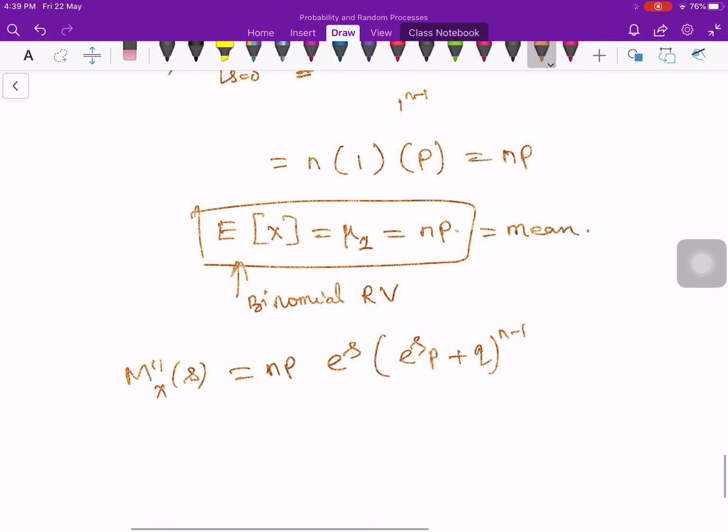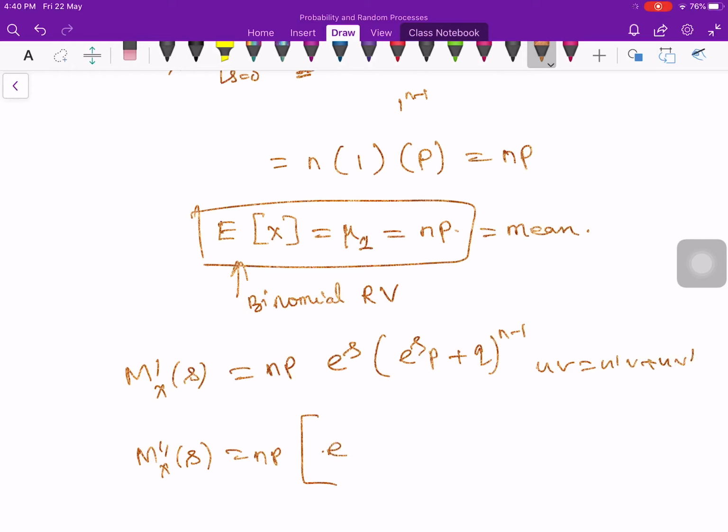Now this is first derivative. Take the second derivative. This np is constant, you can keep it aside, and again do it by parts. So uv equal to u dash v plus u v dash.